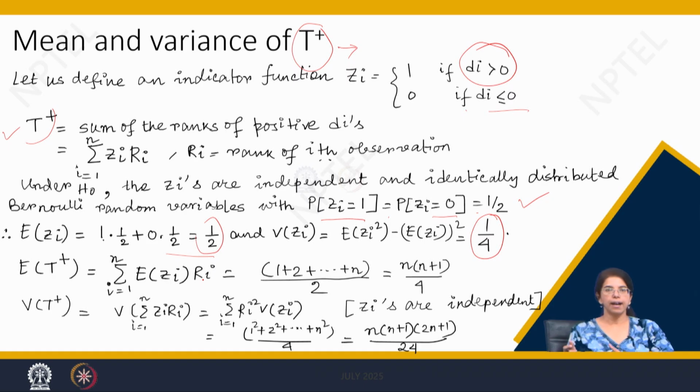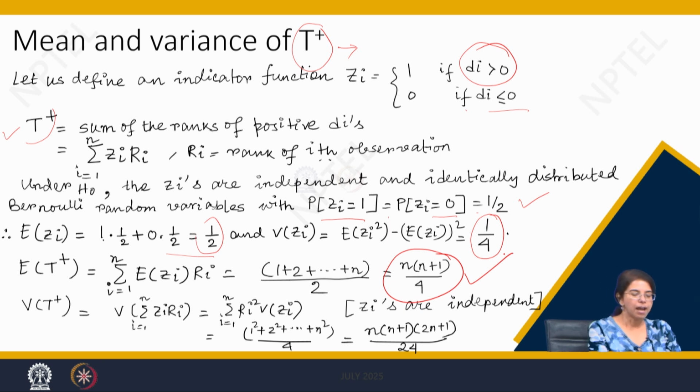So summation Ri means R1 plus R2 plus Rn, right? So 1 plus 2 plus dot dot dot plus n divided by 2, and the final answer is n into n plus 1 by 4. Similarly, upon the calculation you can figure out variance of T plus is n into n plus 1 into twice n plus 1 divided by 24.